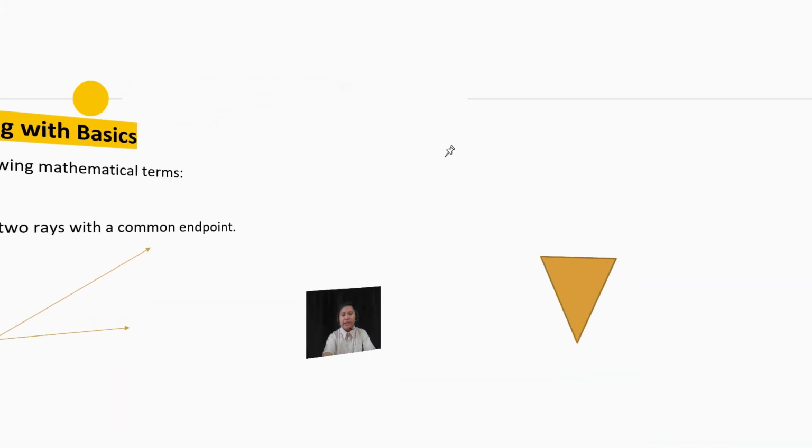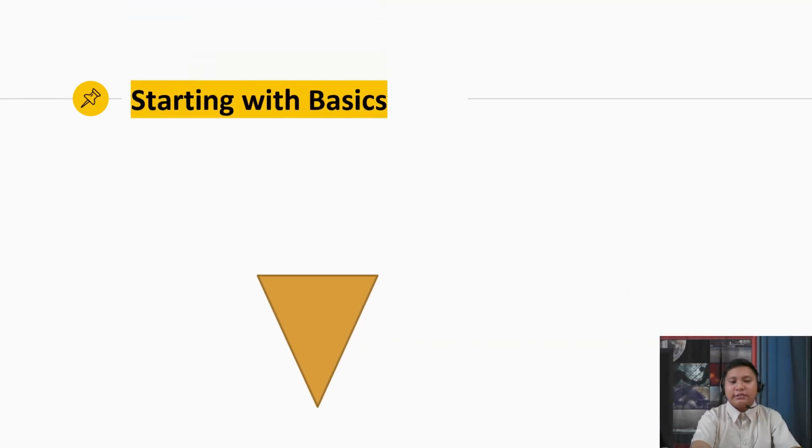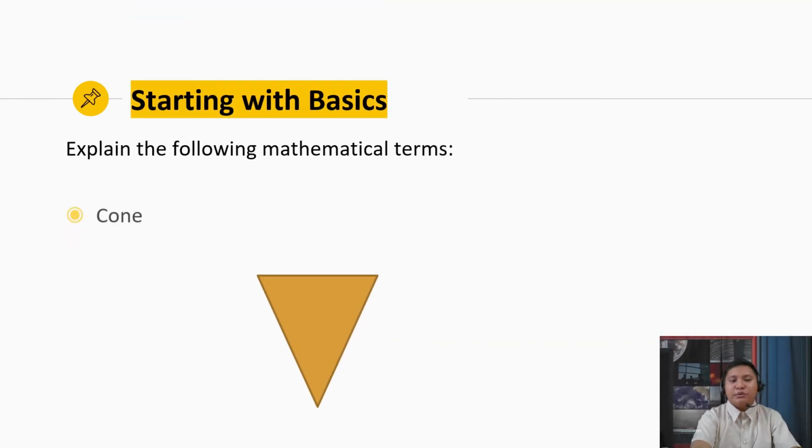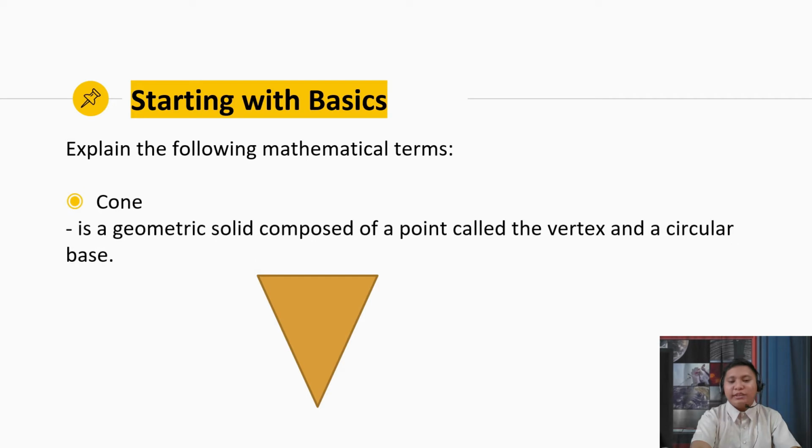Lastly, a cone. A cone is a solid geometric figure composed of a point called the vertex and a circular base.